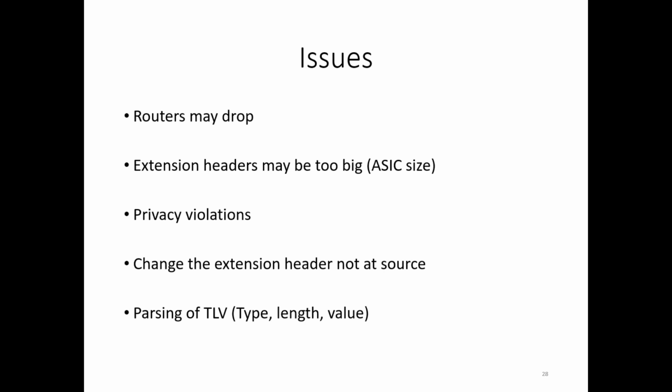And if the software or hardware on your network device or your network interface has not implemented it, it will just flat out go in. So there are valid reasons for dropping these packets, and there are invalid reasons. And the invalid reason, in my mind, is that I don't know what this is, and so I'm going to drop it. That is a blind dropping of extension headers, which we may be seeing some of.